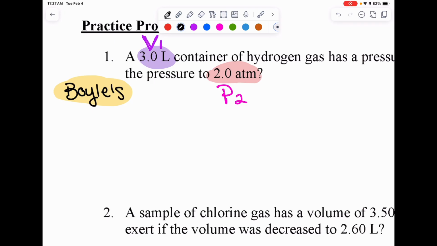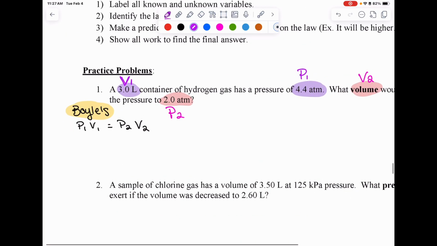The formula is going to look like this. It's going to look like P1 V1 is equal to P2 V2. And if we label what we already found, we know V1 is 3.0 liters.